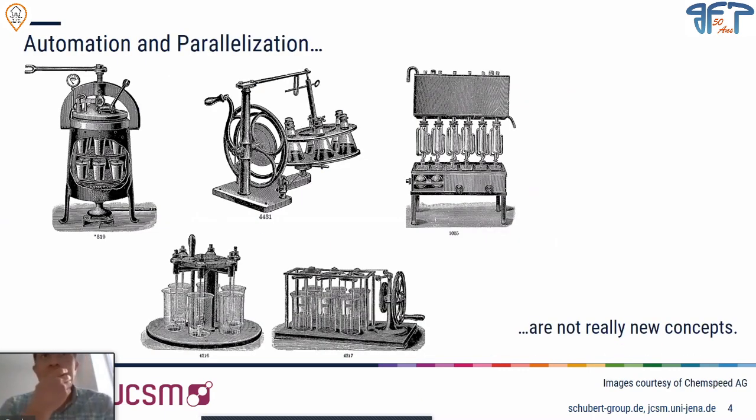Well, this automation and parallelization is definitely not new. Over 200 years ago, many chemists or scientists started to think about this concept, how to cover more work in a certain time. And as you can see in these pictures, very old equipment, how people in the past used to do this kind of thing.